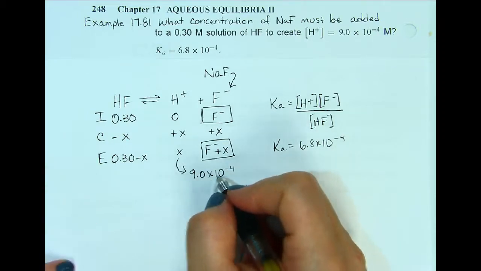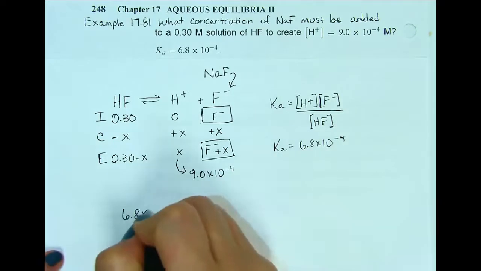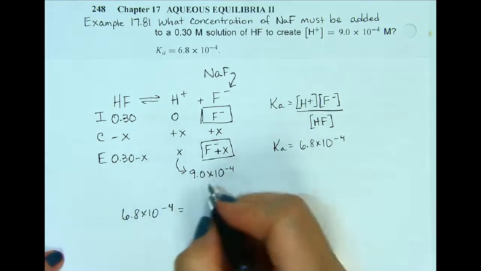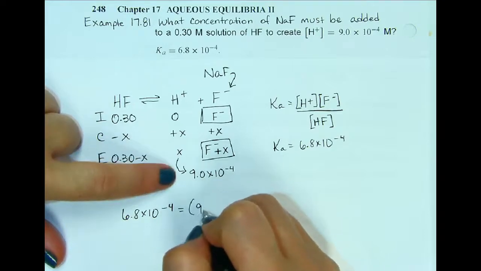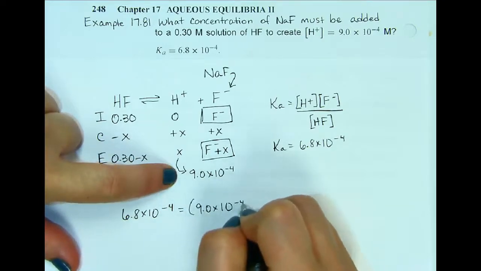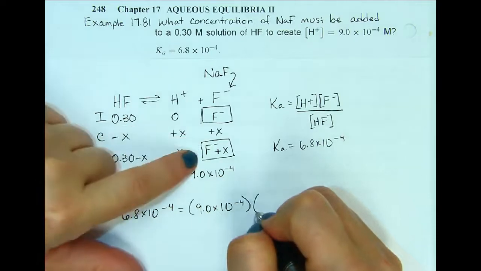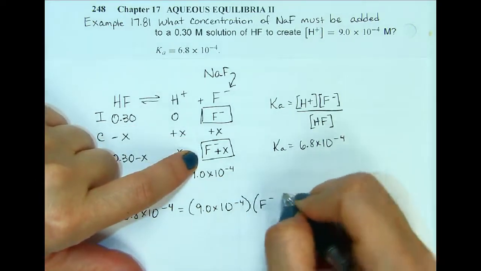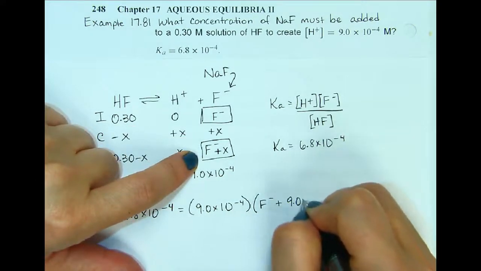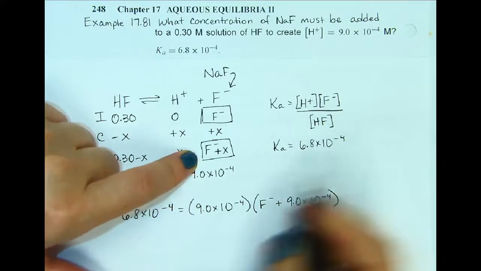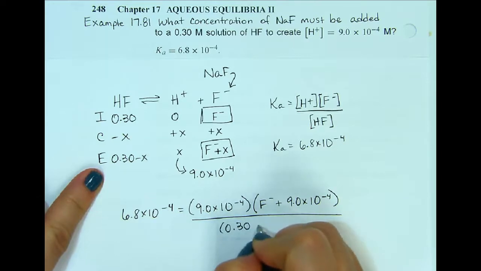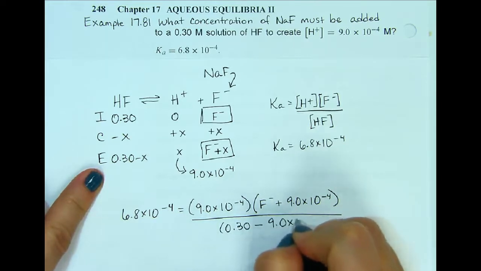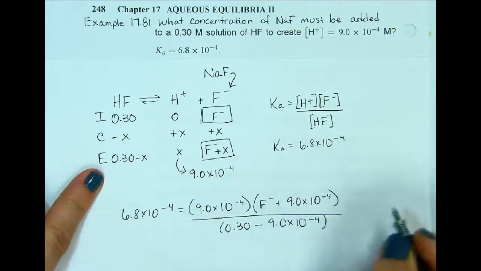And so we can plug into our equation: 6.8 times 10 to the negative 4 equals my hydrogen, which is 9.0 times 10 to the negative 4, times fluoride plus 9.0 times 10 to the negative 4, divided by 0.30 minus 9.0 times 10 to the negative 4.